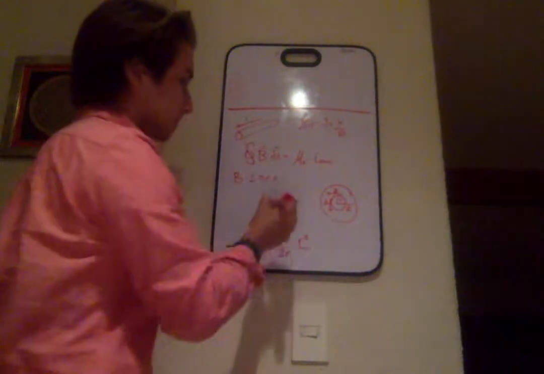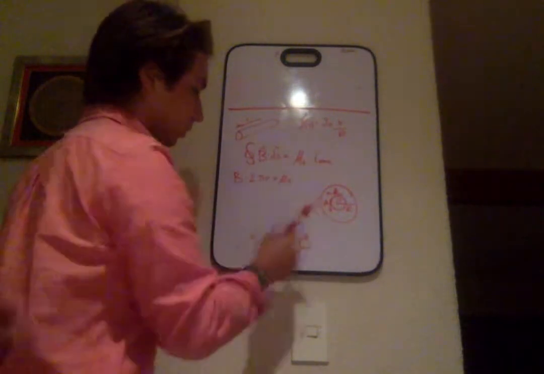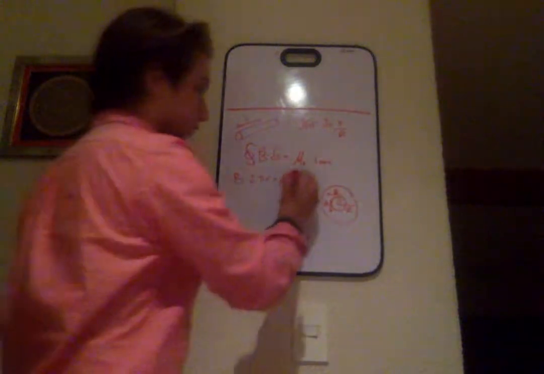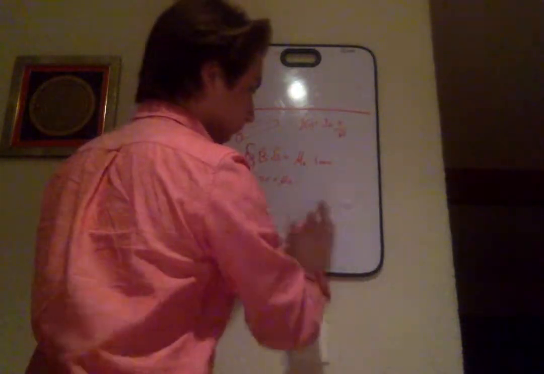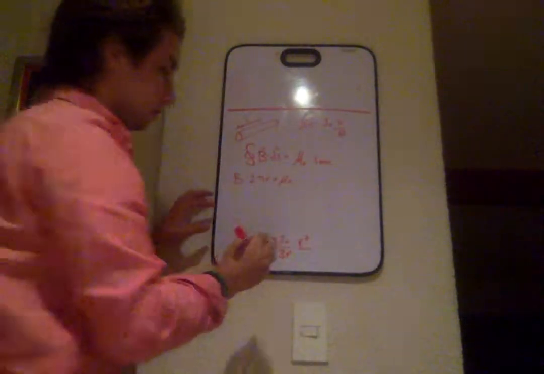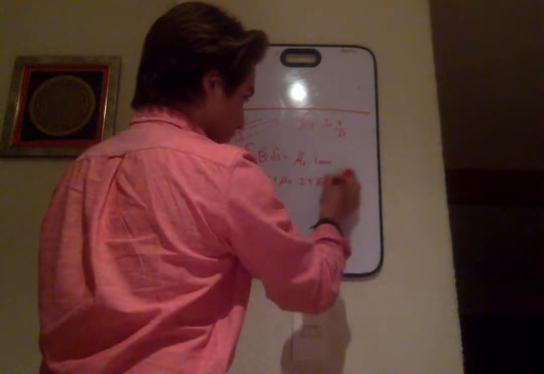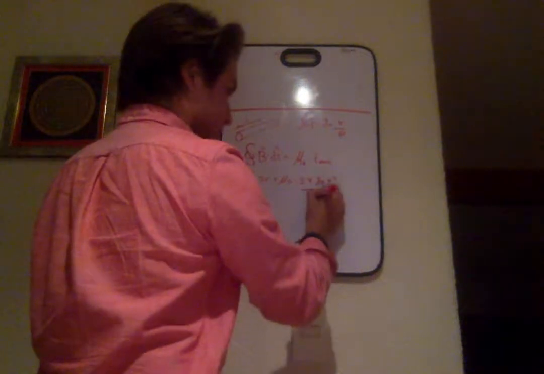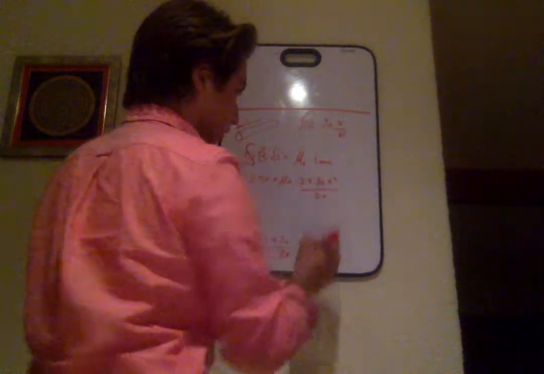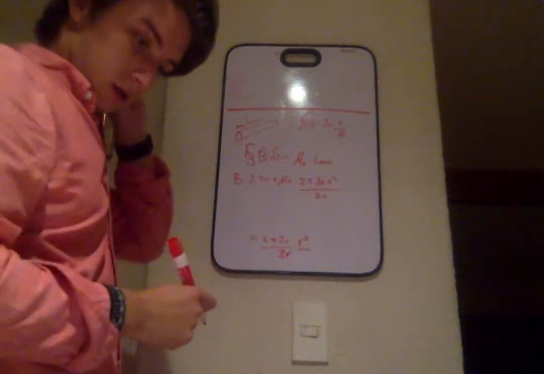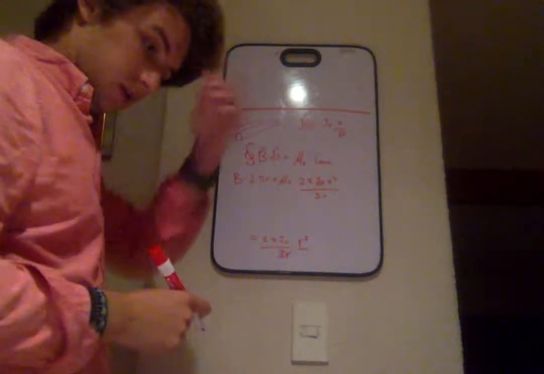So we've got mu 0 times all of this, 2 pi j0 R cubic over 3R.